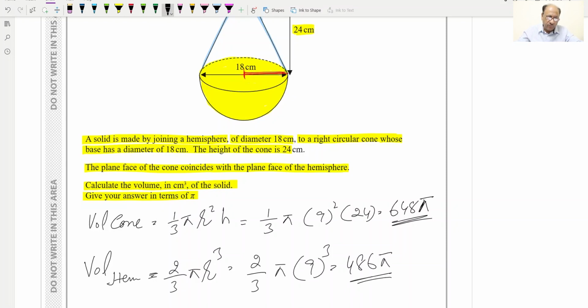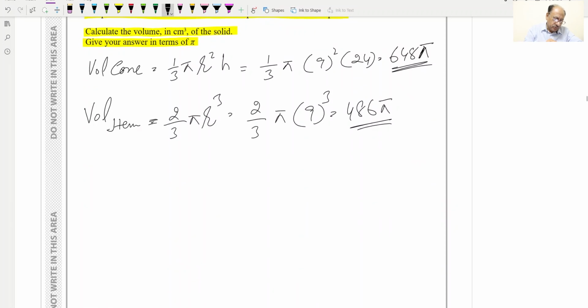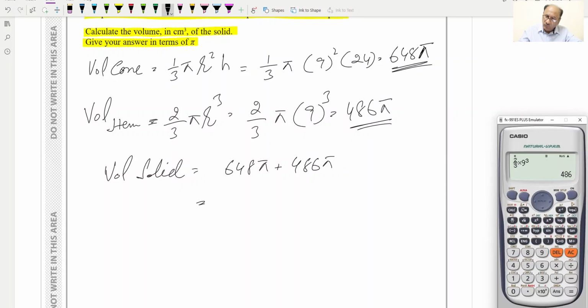So we have to find the volume of the solid. Volume of solid will be equal to 648 pi plus 486 pi, and we will be adding this, 486 plus 648, and this is equal to 1134.